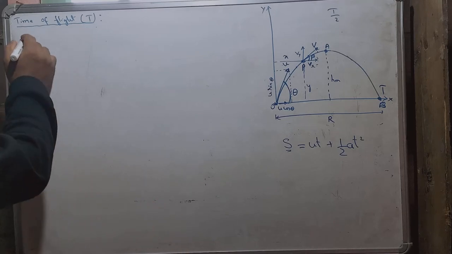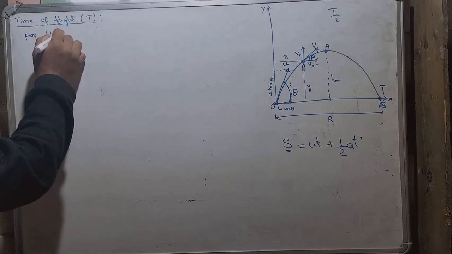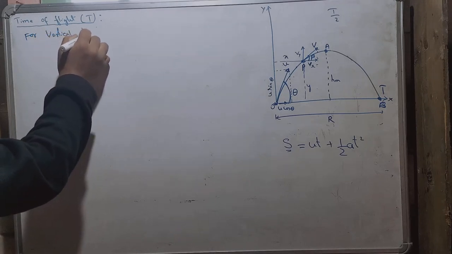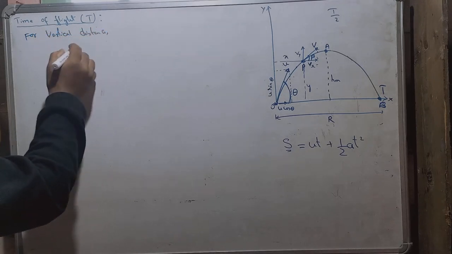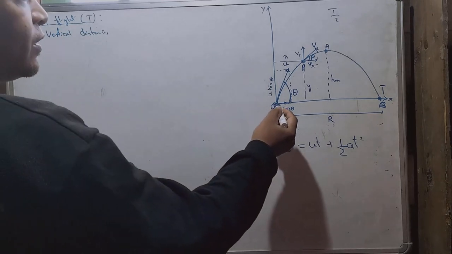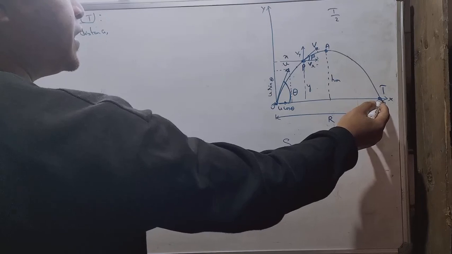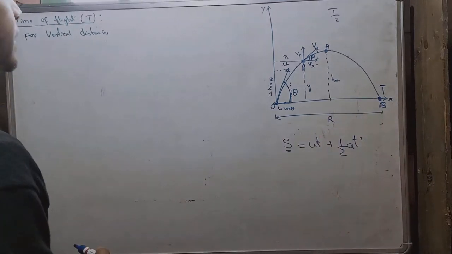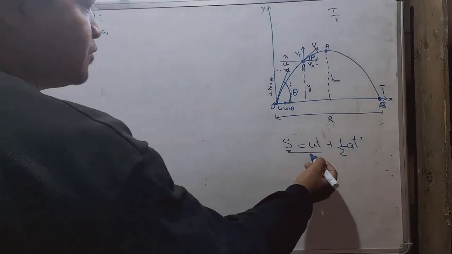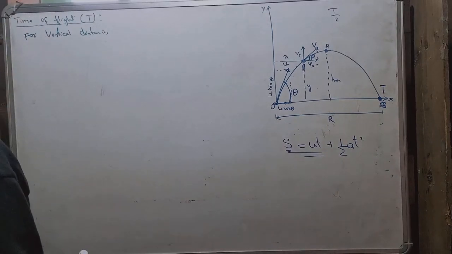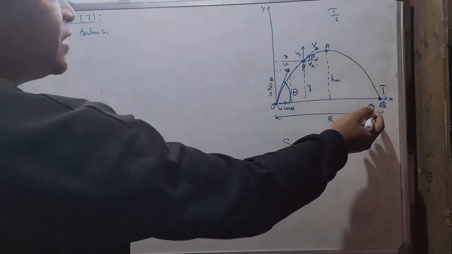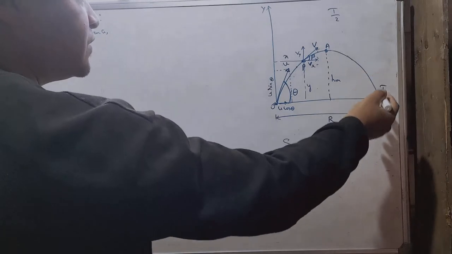Okay, so for vertical distance, when the time is capital T, it means the projectile is at point B. So therefore, using the equations of motion for vertical distance S, here at this point B, how much is the vertical distance?